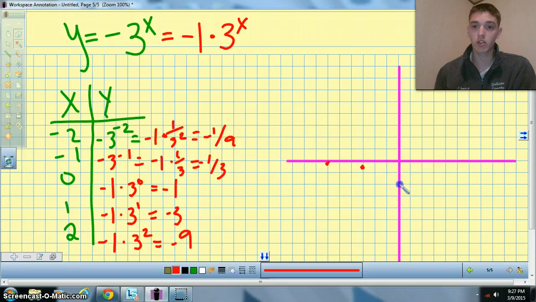Negative 1. So at 1, negative 3. Let me write in there. At 2, negative 9, way down there.